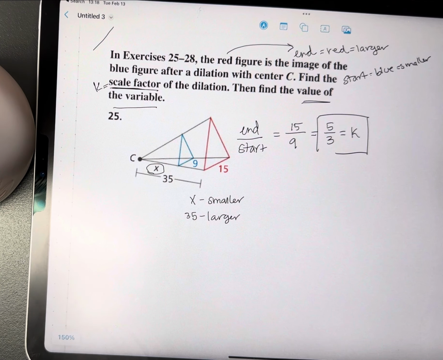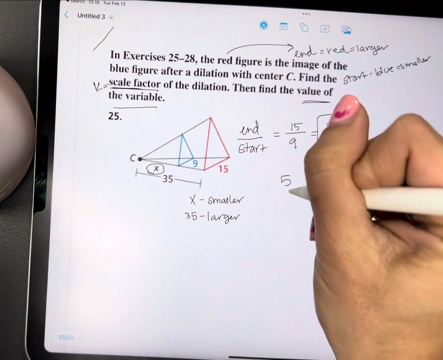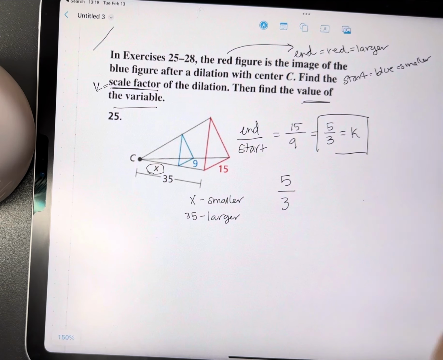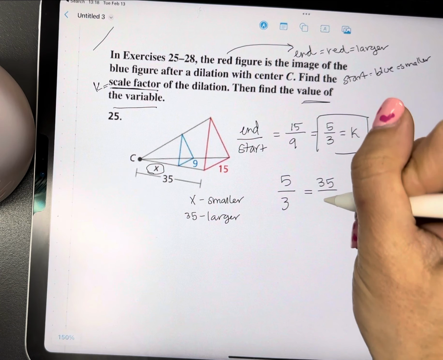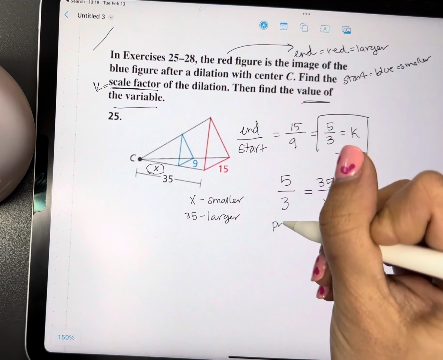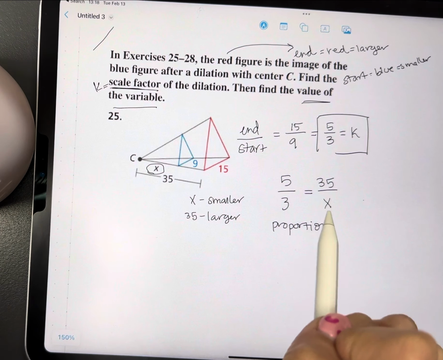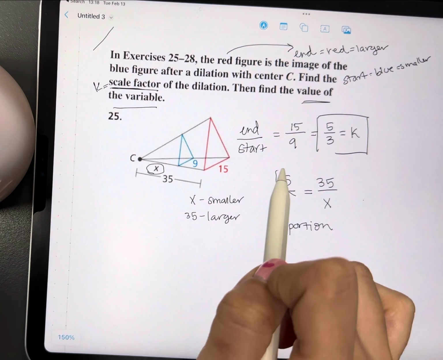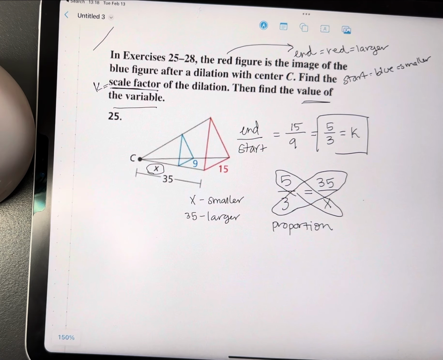So larger, 5, over smaller, 3, has to be the same as larger, 35, over smaller, x. This is called a proportion. And the easiest way to solve it is to cross multiply. The reason I like cross multiply is because you can do it every time.